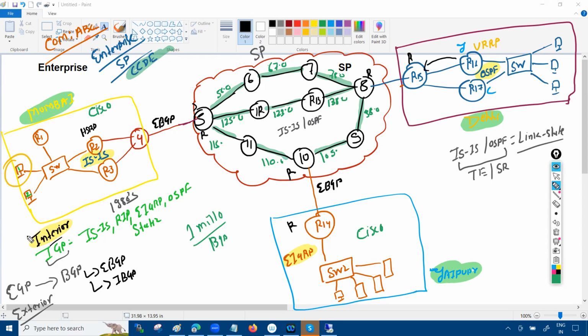It is designed for interior, meaning your own company's routes, not different companies' routes. So that's why we have to go with the BGP protocol. What flavor am I going to run over there? EBGP. Between R8 and R5, what flavor am I going to run? EBGP. Now understand the concept over there. What happened?